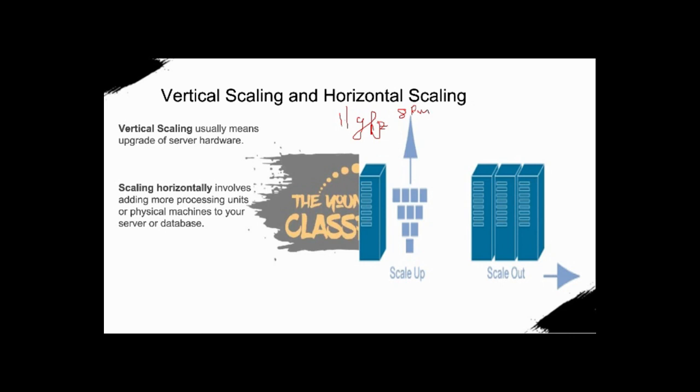As the users increase, you upgrade to perhaps a 7 gigahertz processor, some sort of Core i9, and 64 GB RAM. So you are upgrading your server.